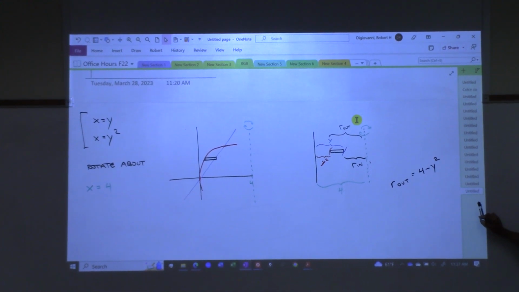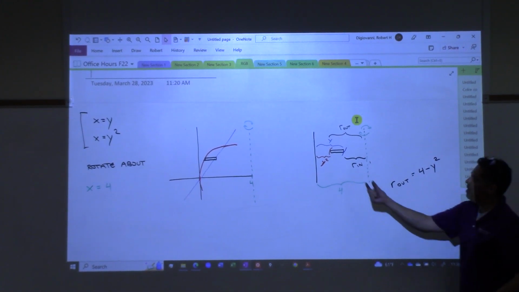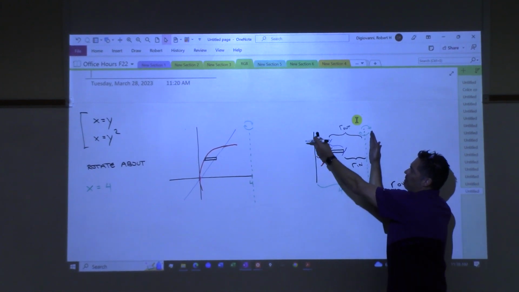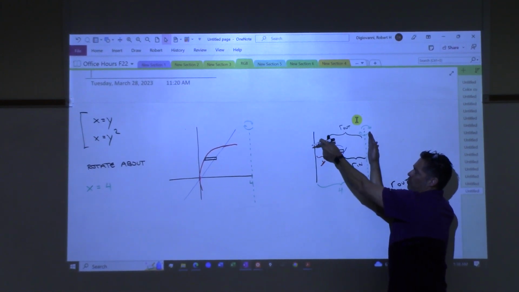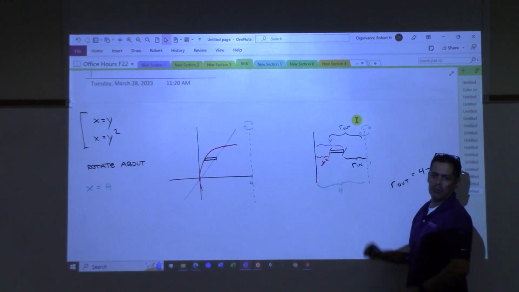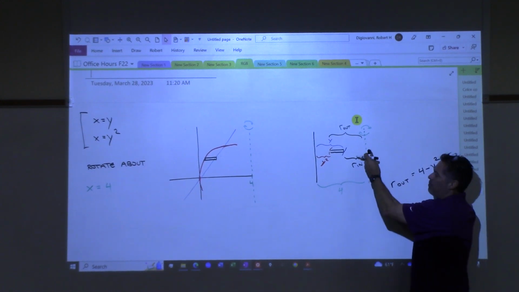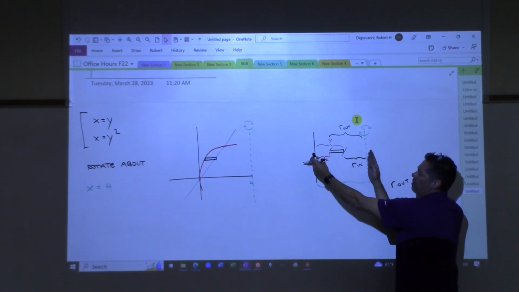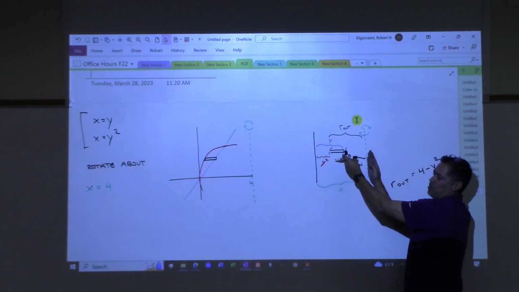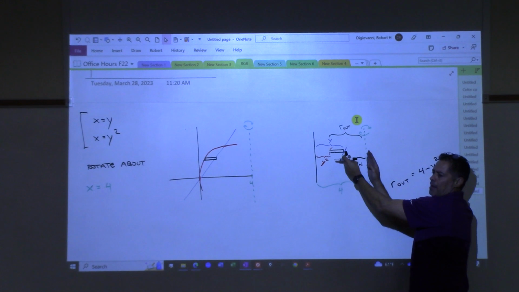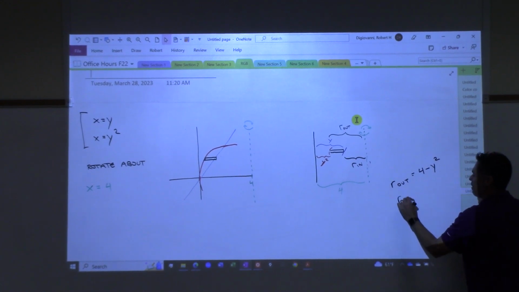This right here is y squared. This distance is 4. We want that 4 take away this y squared. This part's being subtracted from the 4. Okay. And then with R in, look at it the same way. The whole distance would be 4, and you're taking away this much, y, right? Total distance 4, take away the y. 4 minus y.